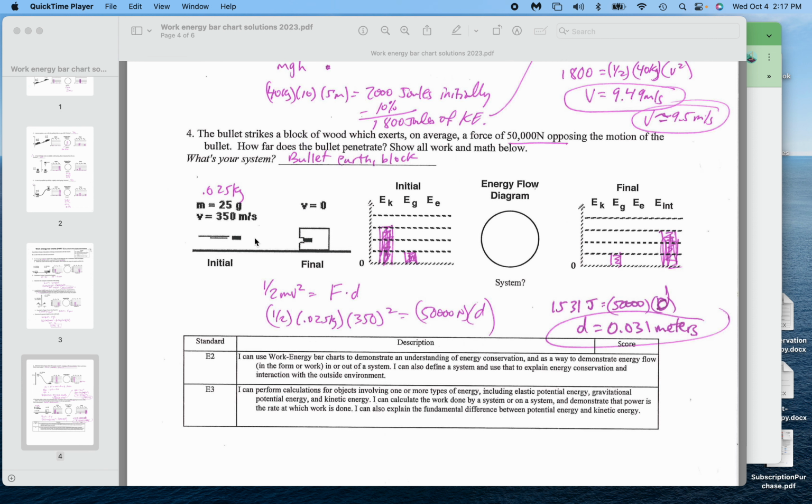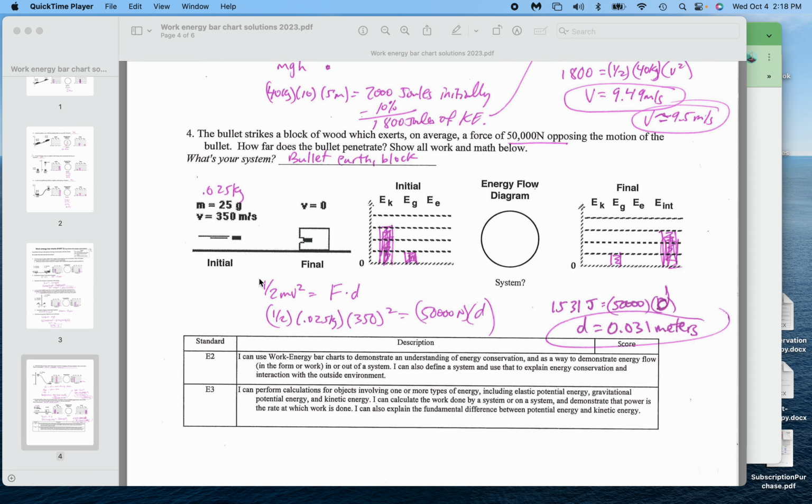I said the bullet was a little above the ground, so I gave it a little gravitational energy, but it's the same at the beginning and the end, and that won't affect my calculation. So this has kinetic energy at the beginning, and at the end it's got internal energy or thermal energy due to the fact that this force pushed into the block.